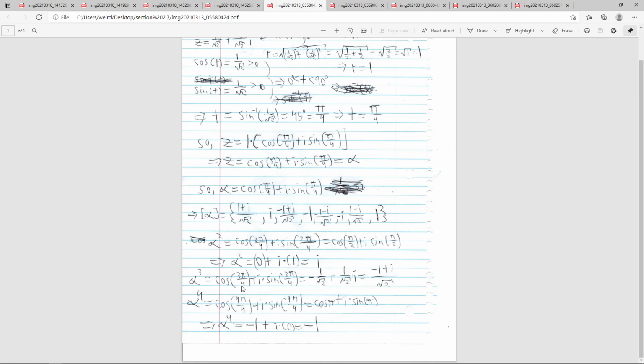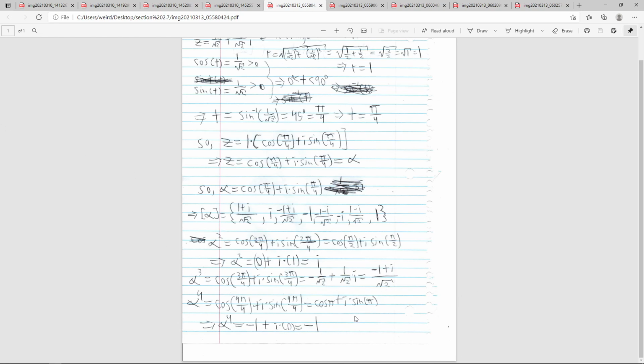Cosine of 3 pi fourths will be -1, and sine of 3 pi fourths will be, no, it's not -1, I'm thinking of later. On the 3 pi fourths, cosine is negative. It's in the second quadrant, and sine will be positive.